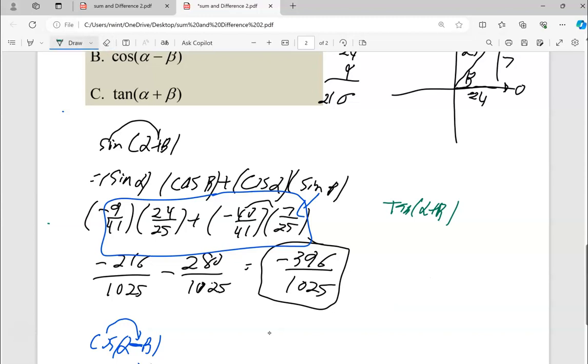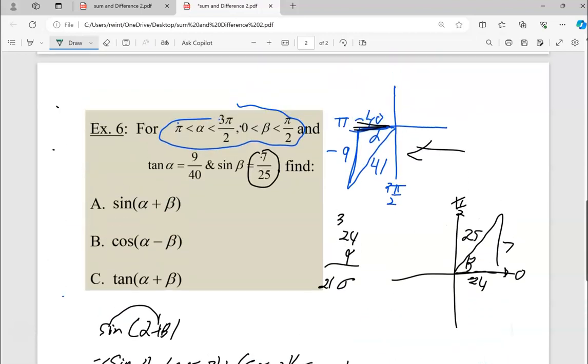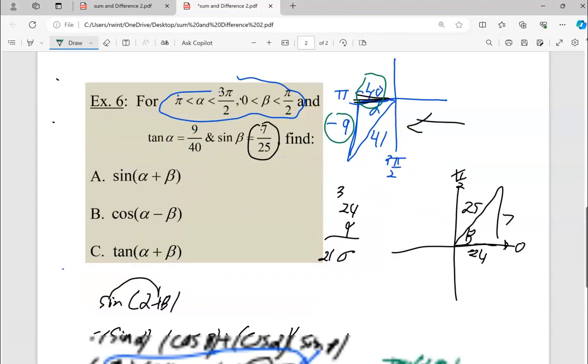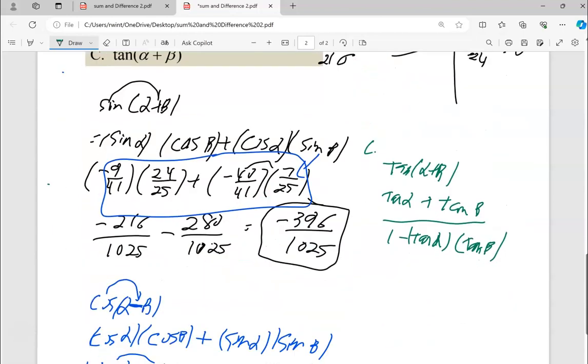So then I'm going to have tan, this is part C here. I'm going to have tan A plus tan B over 1 minus tan A times tan B, or alpha and beta. So tan A, opposite over adjacent, negative negative is positive, 9 over 40.